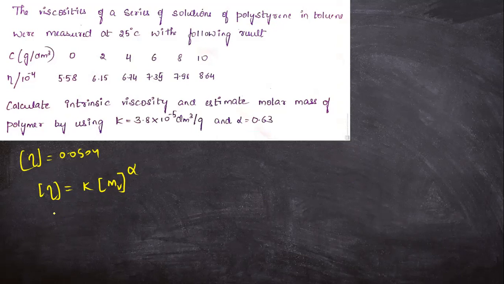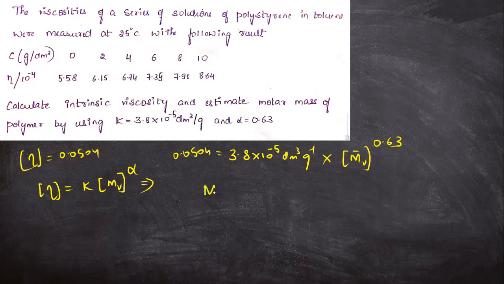So let me write here, 0.0504 is equal to K ka value, which is 3.8 into 10 raised to minus 5 dm cube per gram, into M raised to alpha, and alpha is 0.63. Okay. So if we solve this, then molar mass will be equal to 9 into 10 raised to 4 gram per mole.